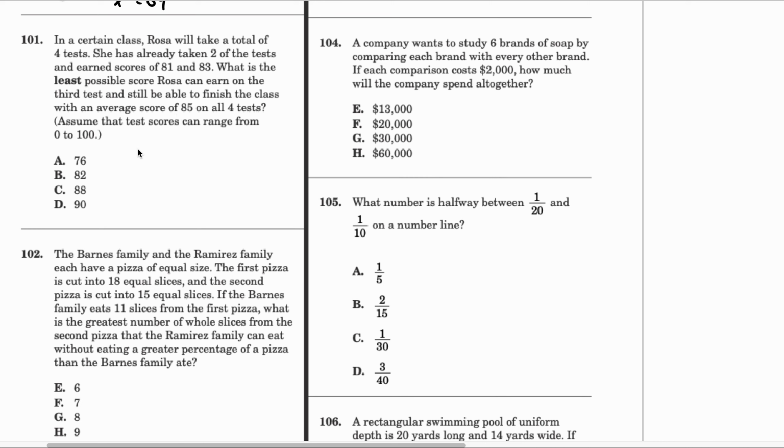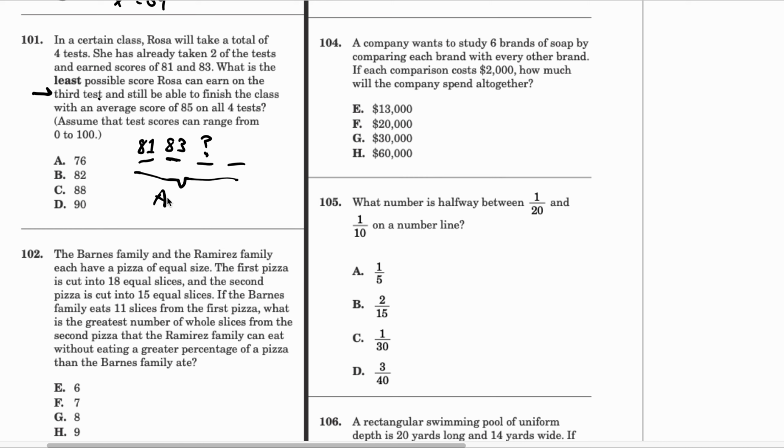Okay, so let's map out our tests here. For the first 2 tests, she scored 81 and 83. This is sort of our mystery test, right? Because we're being asked the least possible score that Rosa can earn on the 3rd test and still be able to finish the class with an average of 85.